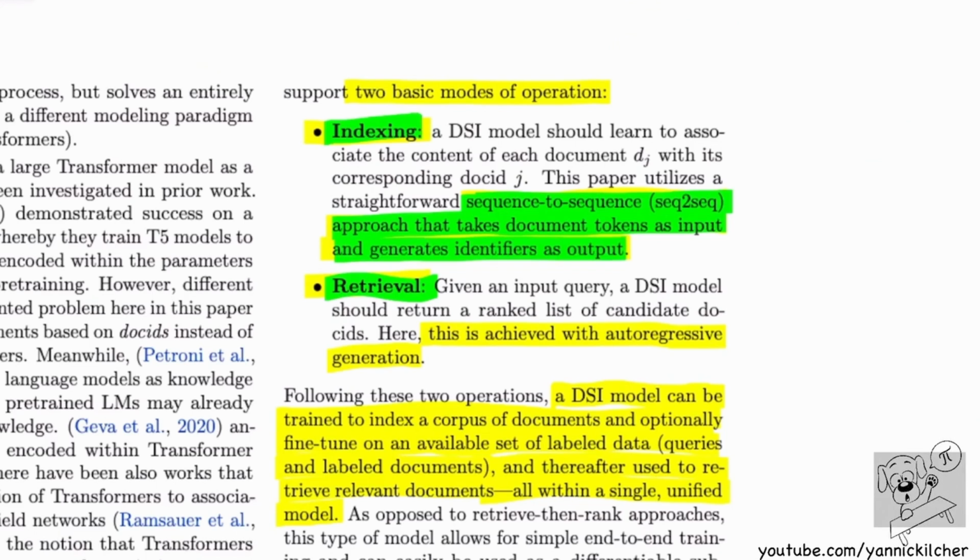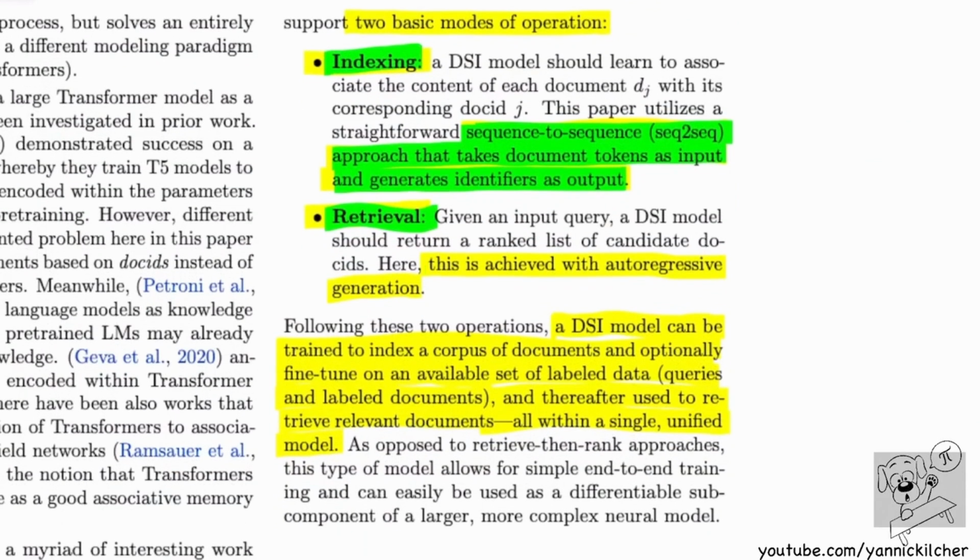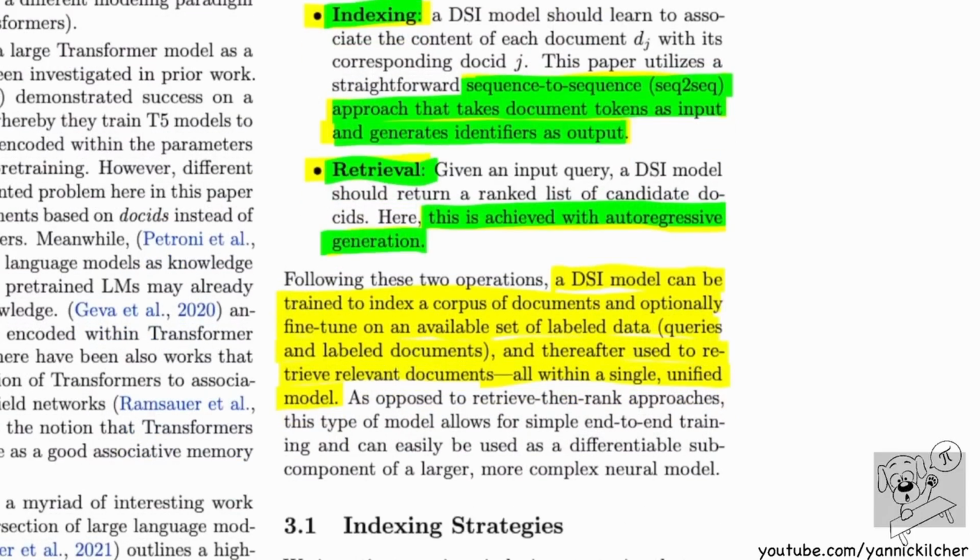That is indexing. It's training on the document collection to output their identifiers, and optionally fine-tuning with labeled query sets, labeled query-doc ID pairs. The retrieval is then achieved by simply autoregressive generation. I input something and I see what document ID comes out of the sequence-to-sequence model. So it couldn't get easier than that.